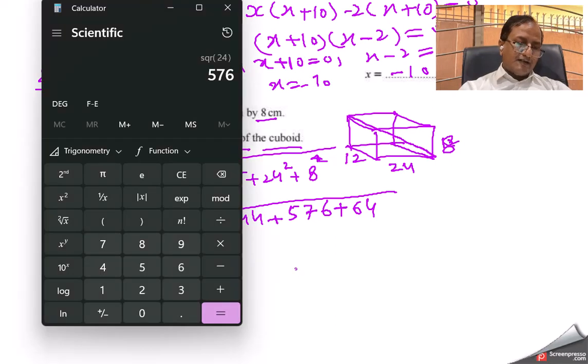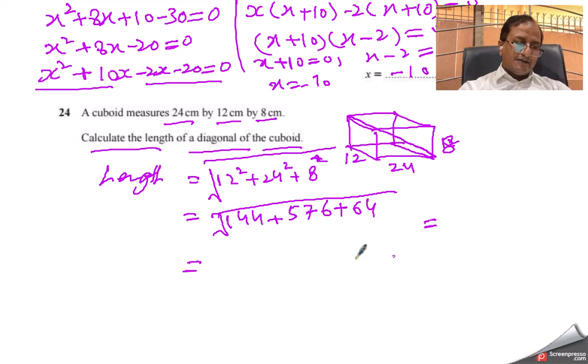Adding 144 plus 576 plus 64 gives us 784. We take the square root, which is 28. So 28 is the answer: the square root of 784 is 28, which is the length.